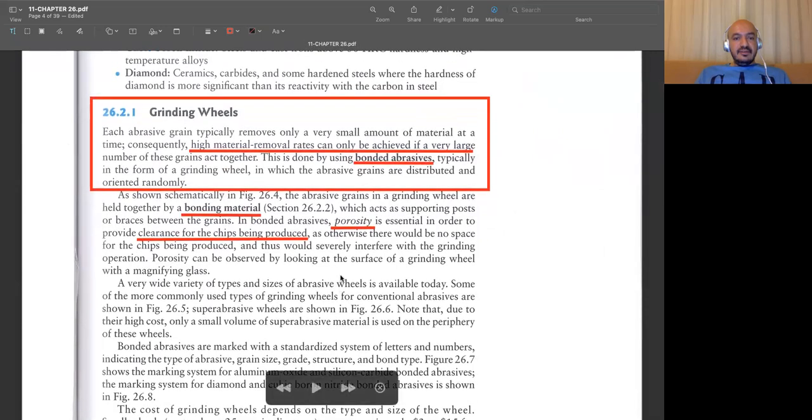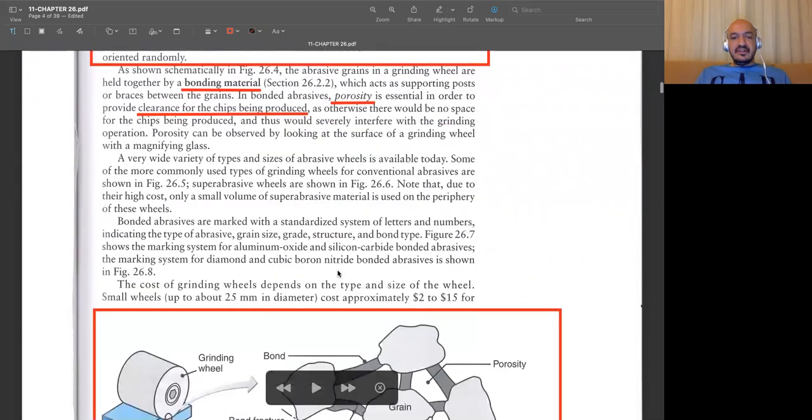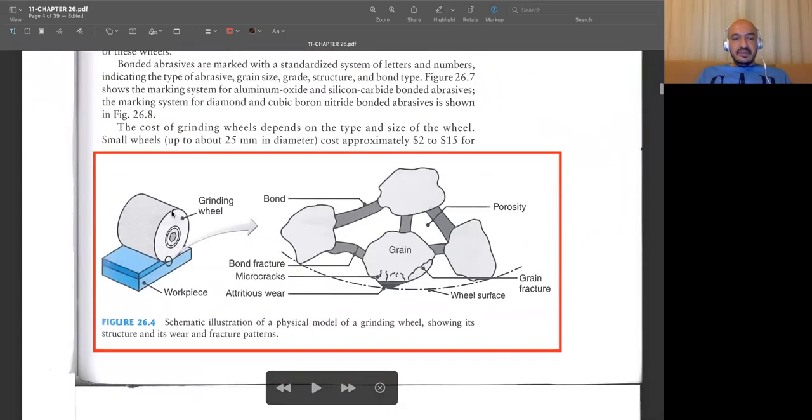So I talk about grinding wheels. What are grinding wheels? These are circular tools, and if you remember, we said the grains, the abrasive particles, are very small. They can remove little chips. That's why we use many of them at the same time.